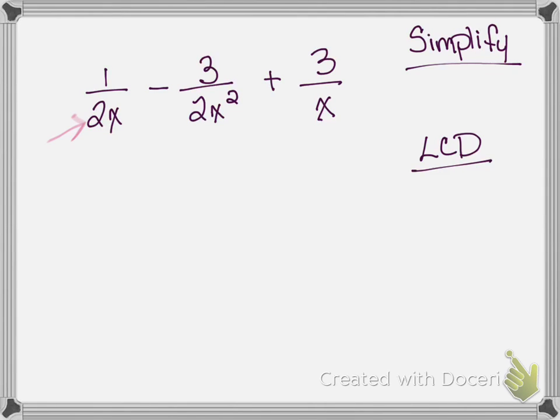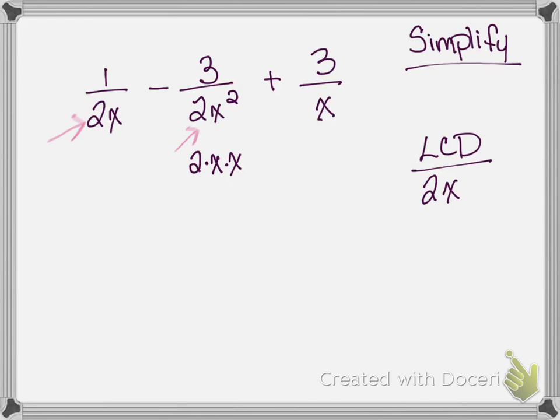So my LCD, the first thing I'm going to do is look at this one right here. I'm going to go ahead and write down the 2, and I'm going to write down the x. Okay, so I have 2 and I have x. My next step is I look right here. Remember, this is the same thing as 2 times x times x. Do I have everything included already, or do I need to add something? Add 1x.